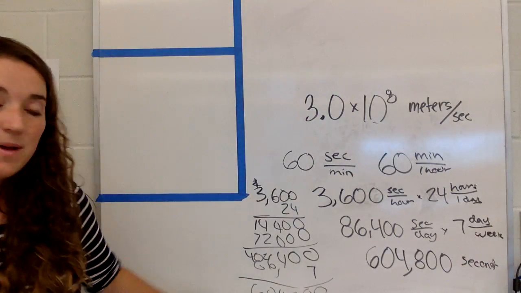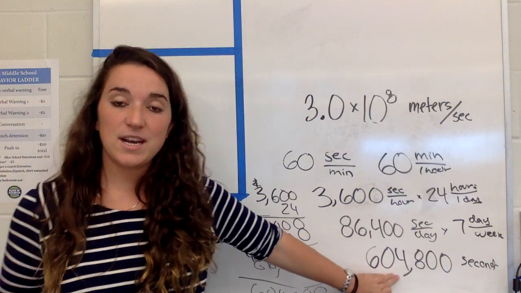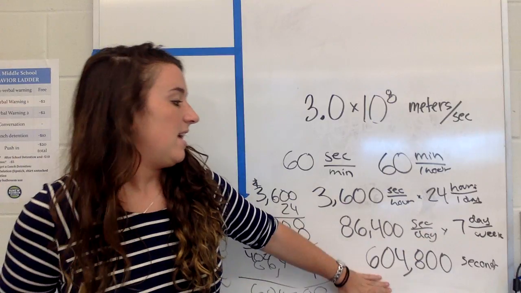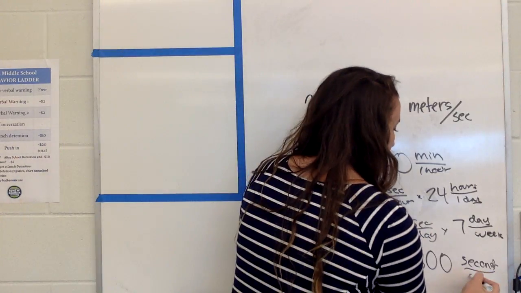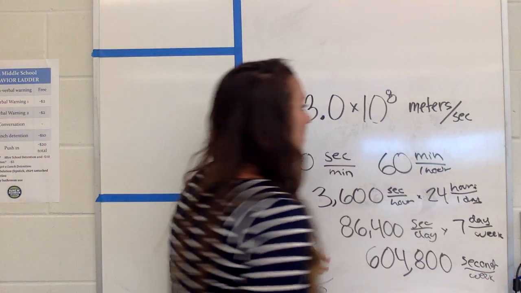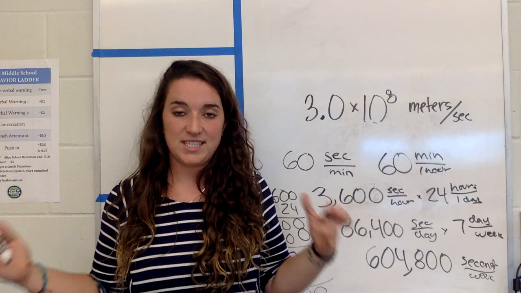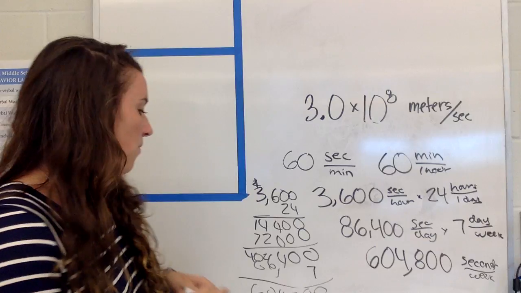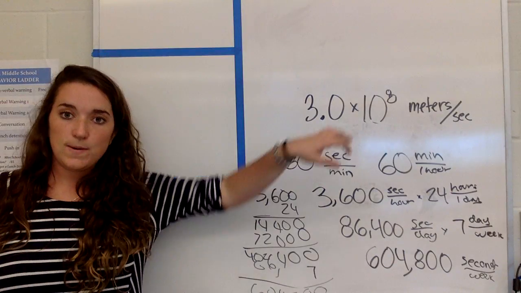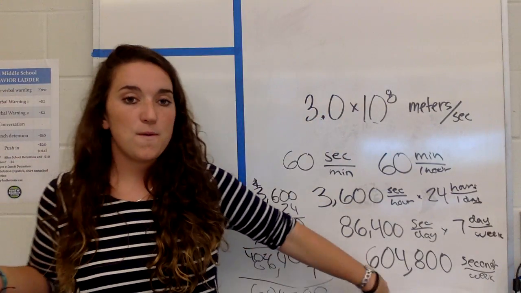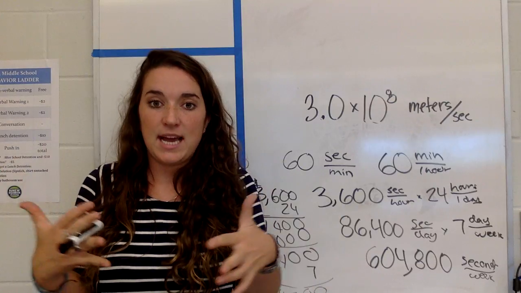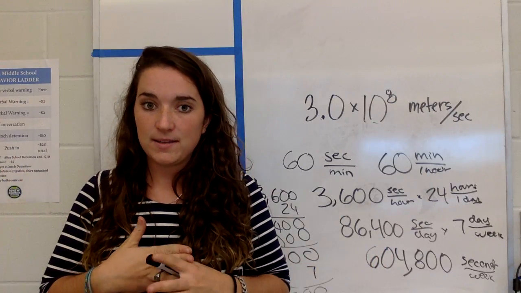All right, so now we have the number of seconds in a week, and we know the number of meters that light travels per second. So now what do I need to do with these two numbers in order to figure out how many meters light travels in 1 week?